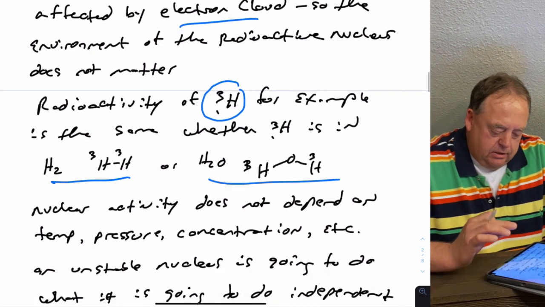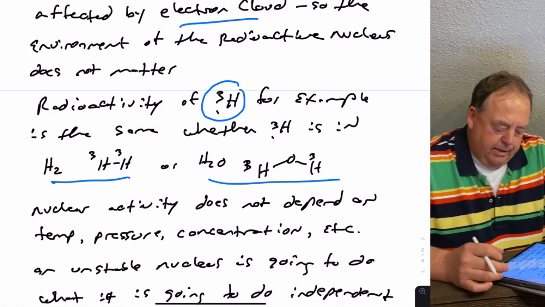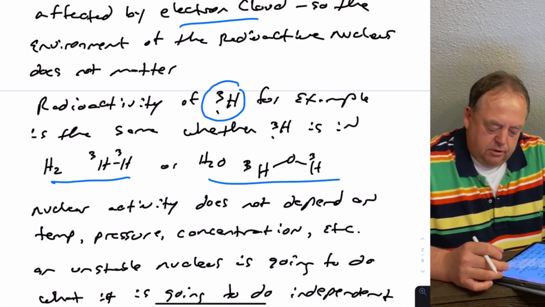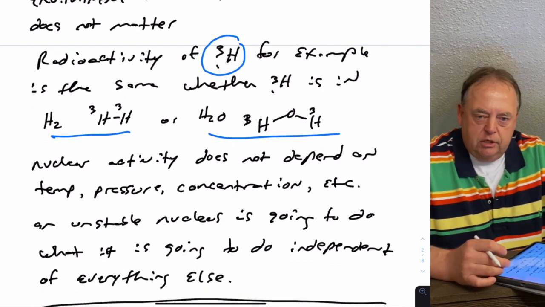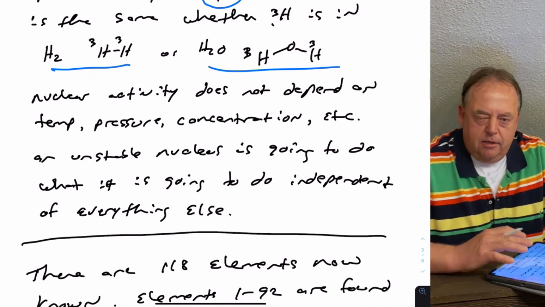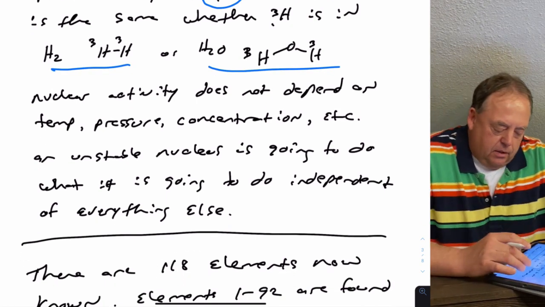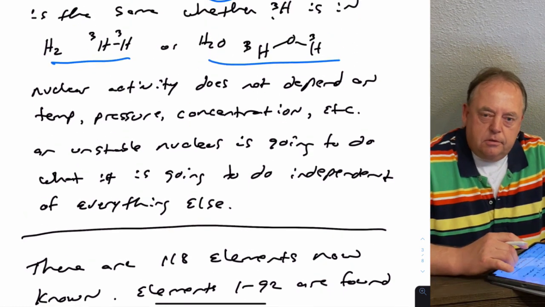Tritium is going to go through exactly the same nuclear chemistry, regardless, at exactly the same rate. It does not matter what the temperature is, what the pressure is, or what the concentration is. An unstable nucleus is going to do what it's going to do, independent of everything else. So for that reason, electrons are typically just ignored in nuclear reactions.